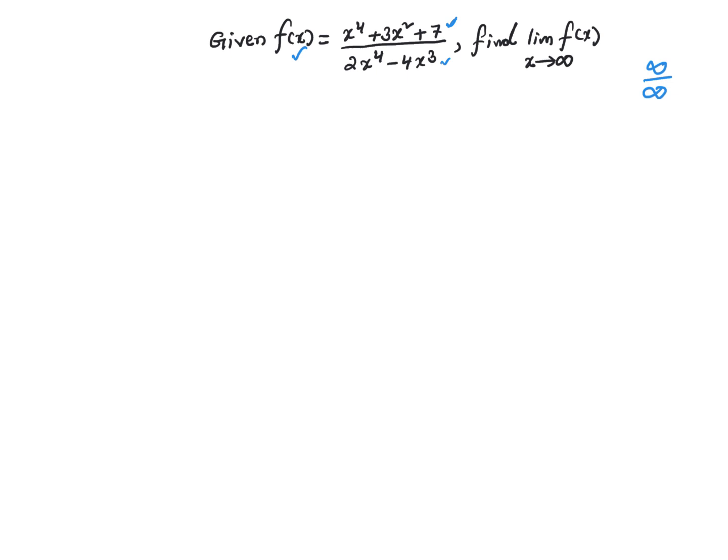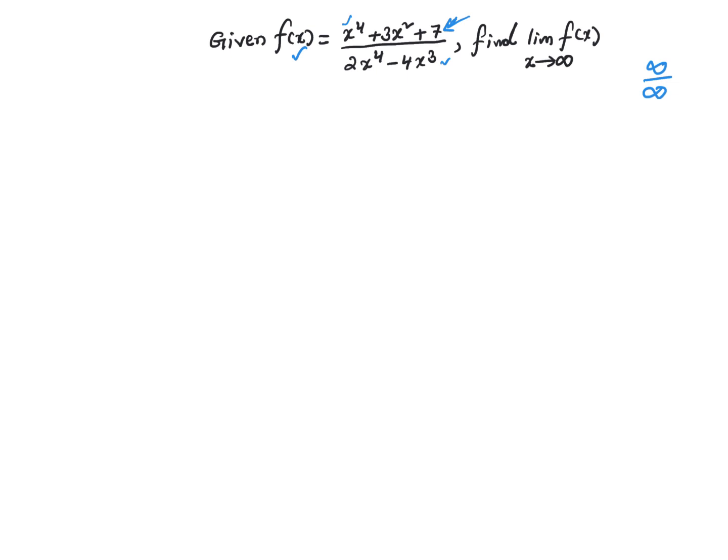So what we are going to do is take this function and divide the numerator by x to the power 4 and divide the denominator by x to the power 4. Where did I get x to the power 4? I noticed that 4 is the highest power of x in the numerator and 4 is the highest power of x in the denominator.